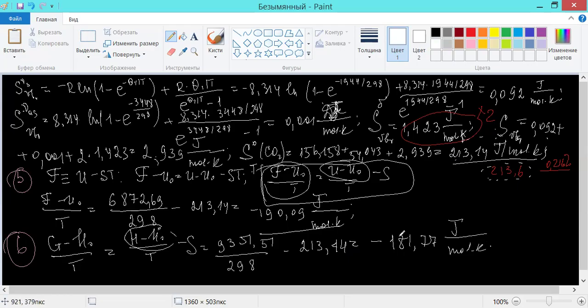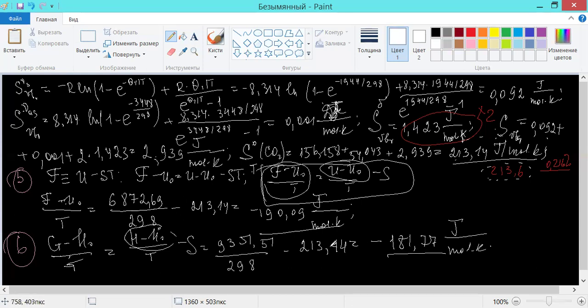Again, I want to emphasize that the measurement unit for these two functions is seen from the formula: joules per mole divided by temperature. That means joules per mole per Kelvin.